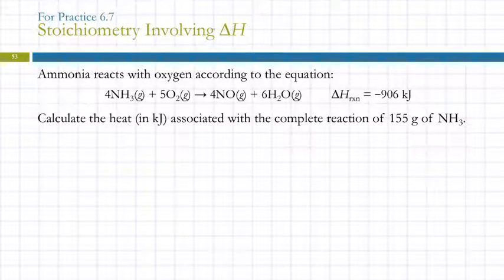Minus 906 kilojoules, is that per mole? Yeah. Not exactly. It's per 4 moles of ammonia, per 5 moles of oxygen, per 4 moles of NO, and per 6 moles of water. It depends on what the coefficients are. So you have to be a little bit careful with that.